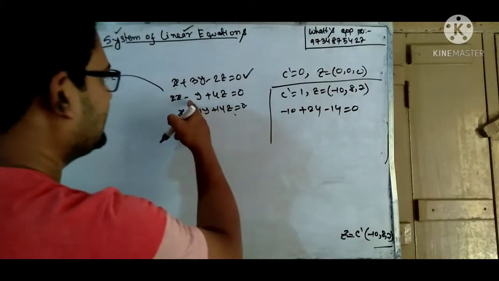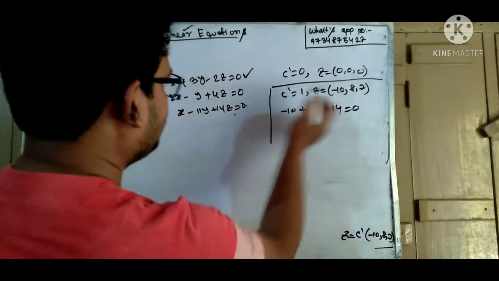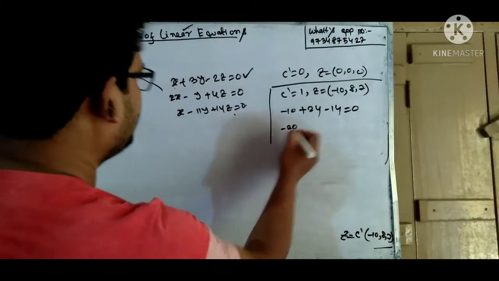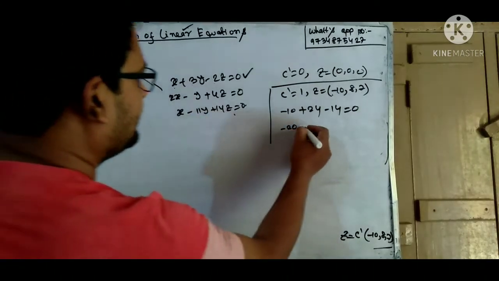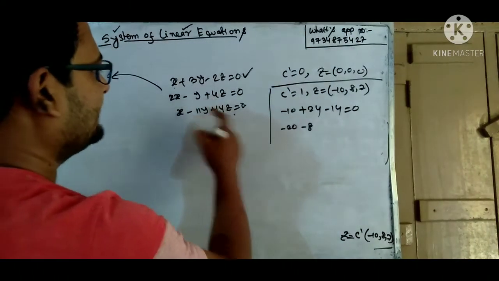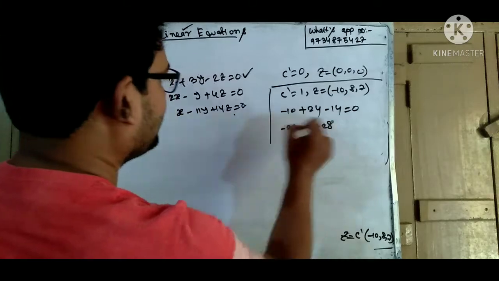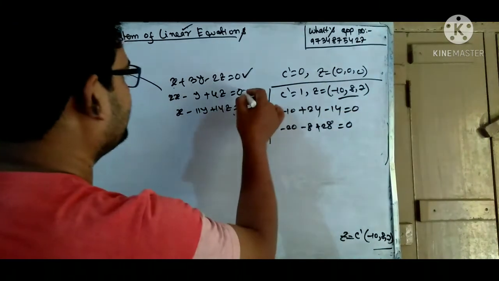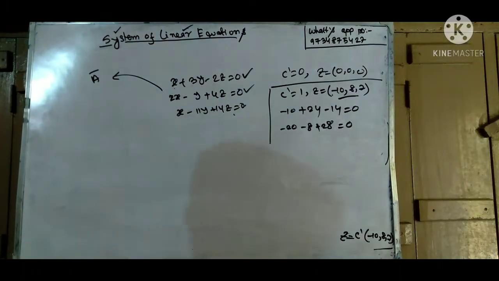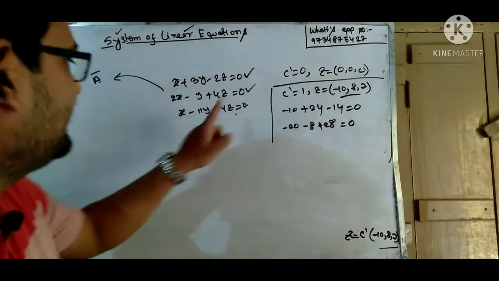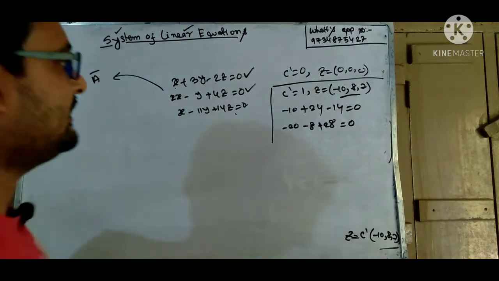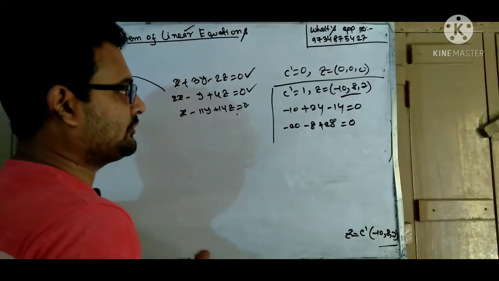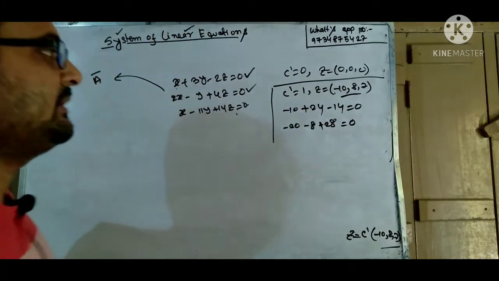Similarly, if we put this value in the left hand side, then this is minus 10, that means minus 20. Here y is 8, minus 8, here z is 7, minus 28, sorry, plus 28. This is also equal to 0, that means this also satisfies the system of linear equations. Similarly, this will satisfy the other equations. Therefore, if we take c dash equals 1, this will be a solution.